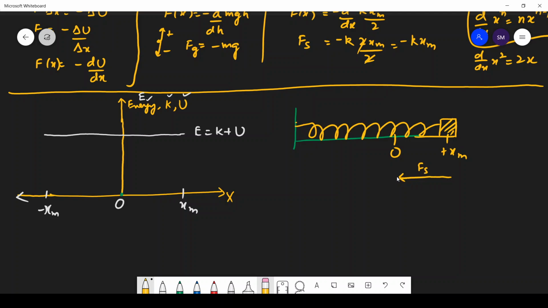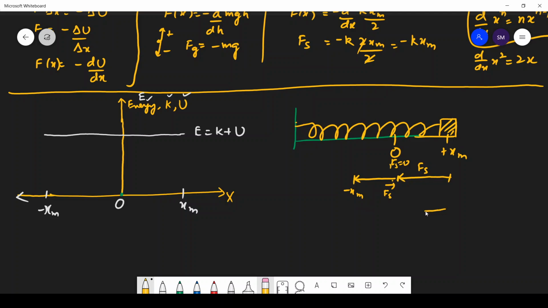Here the spring force is 0, because at the mean position the spring force is 0, but still due to inertia it will move further, because a body in motion will remain in motion. But as it started moving from this place to this place, spring force acted back in this direction, and here the body stops at minus xm. So the body will again come back, and Fs is 0 here, but due to inertia it will move again to this position. So it will keep on moving.